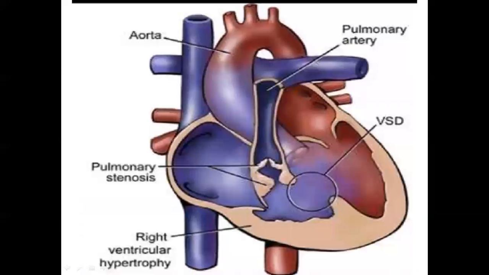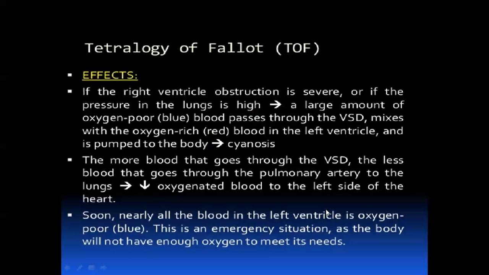Here, the aorta and pulmonary artery arise from the right ventricle and left ventricle. So between the ventricular septal defect and pulmonary stenosis, the right ventricular hypertrophy muscle wall becomes affected. That is the effect of tetralogy of Fallot.